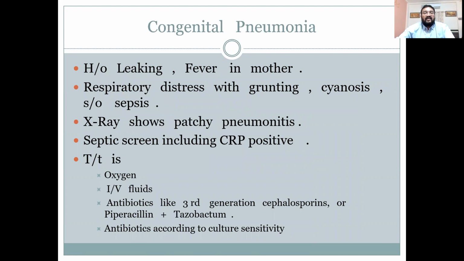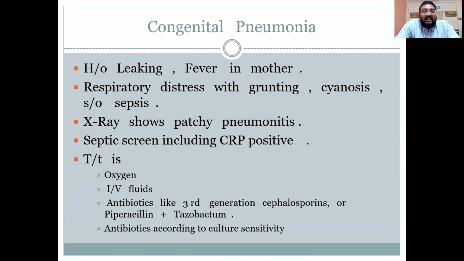Now coming to congenital pneumonia, the diagnosis is made on the basis of exclusion of other common conditions that may present with respiratory distress in the newborn, along with the history of the following: PV leaking of more than 18 to 24 hours in the mother, history of fever in the mother, and history of respiratory distress with grunting, cyanosis, and features suggestive of sepsis in the newborn.